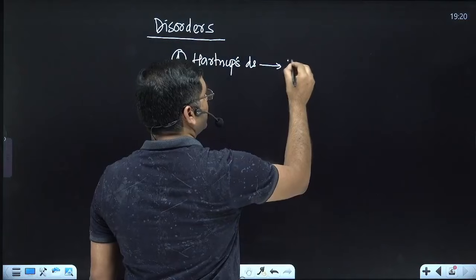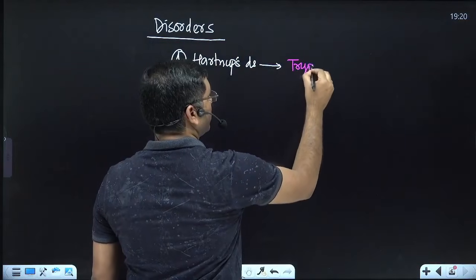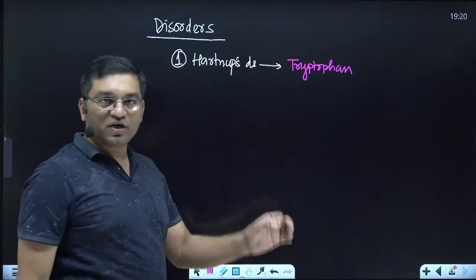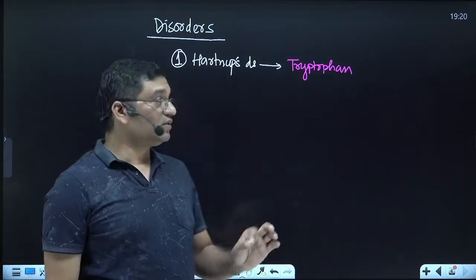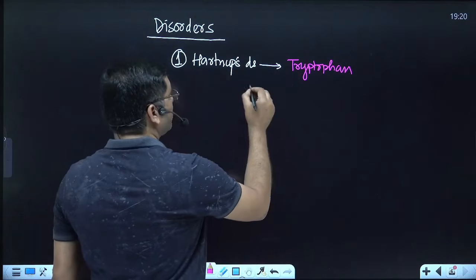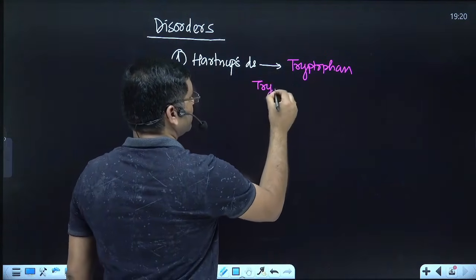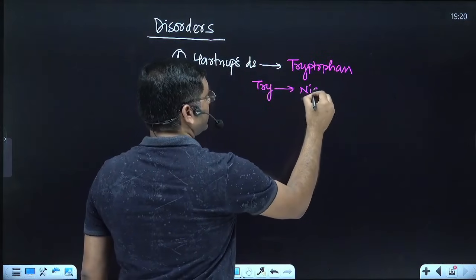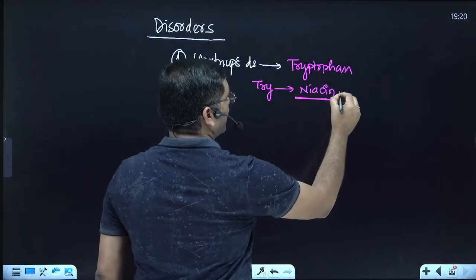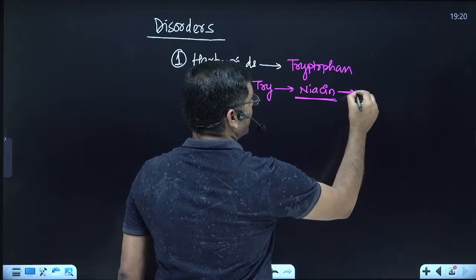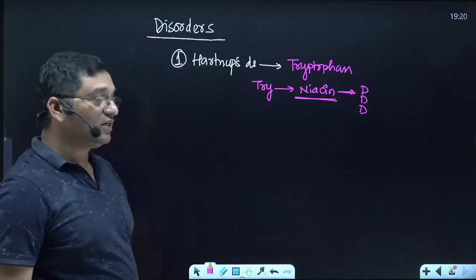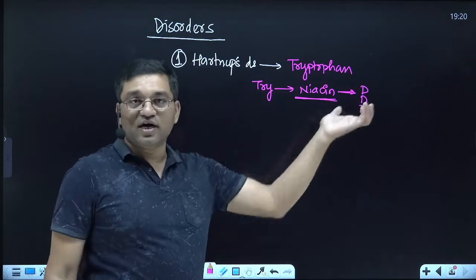There is defective absorption of tryptophan from the intestine. Mainly tryptophan, other neutral amino acids are also affected, but tryptophan is the major concern. Tryptophan in our body is converted into niacin. When absorption is defective, it affects niacin, and it will manifest as pellagra, the classical 3Ds: diarrhea, dementia, and dermatitis.